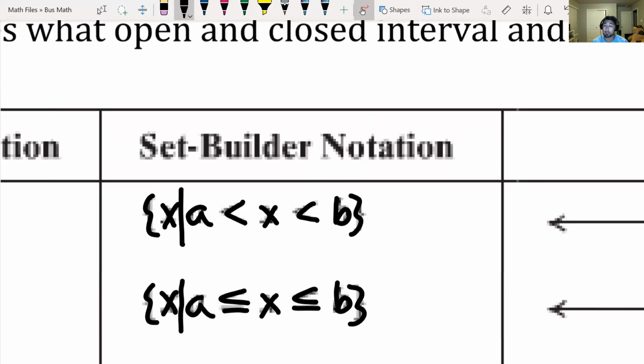If you're thinking that the first set is just less thans, you are correct. If you're thinking the second set is less than or equal to's, you are also correct.